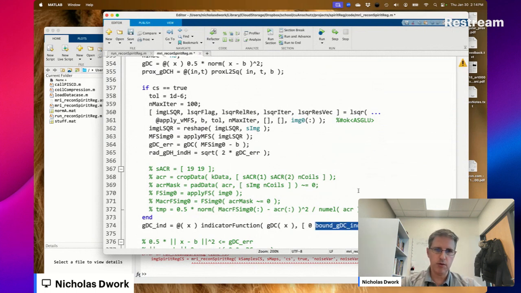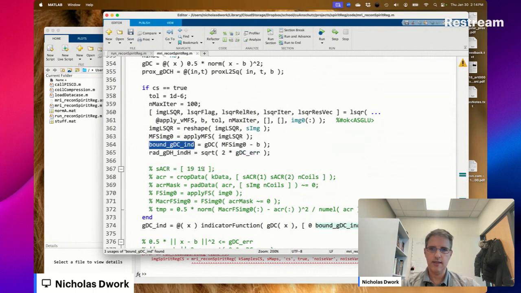What did we call it before? Bound GDC indicator. I don't know whether to call it bound GDC indicator or GDC error. I guess we'll do it like that.